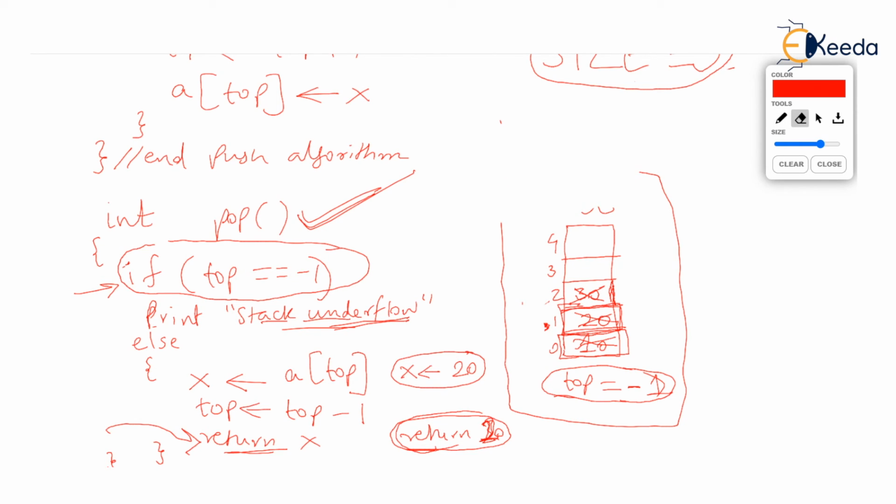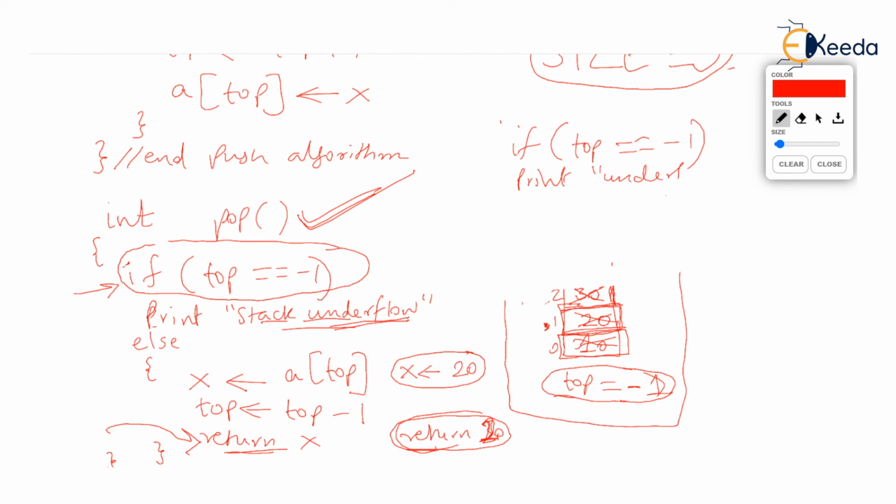I'll just make up some place. Now main is going to call the pop like this. If top is equal to -1, then print underflow, stack underflow. Else call pop. This will be written by the calling function.